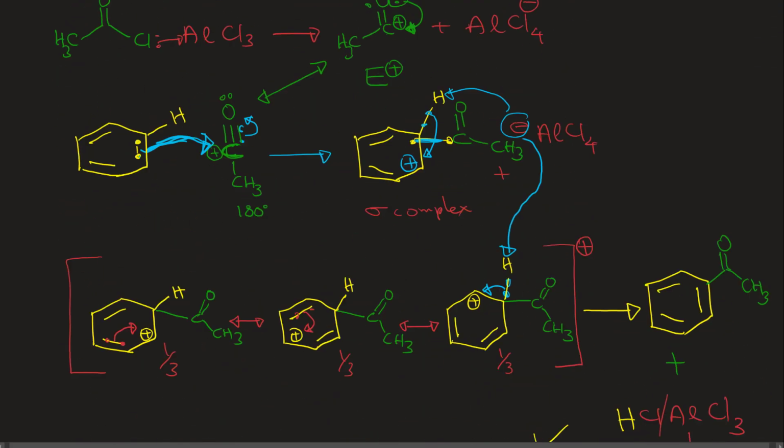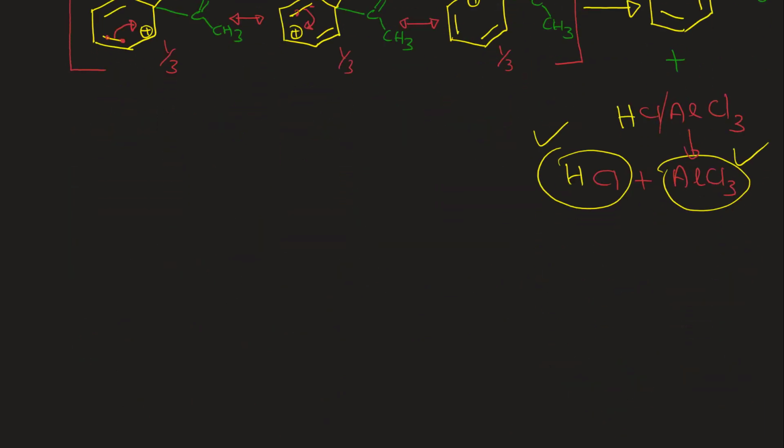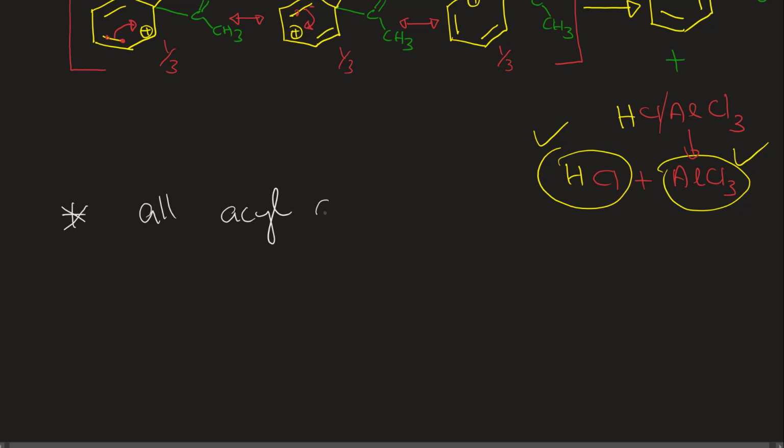Now we can also look at the possibilities, just like in the alkylation. The acyl group can be from any acyl halide. That means acetyl chloride, acetyl bromide, typically those are the ones. The X would be mostly Cl and Br.